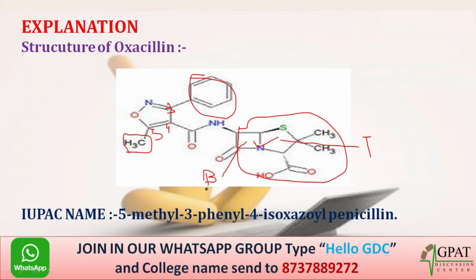So the correct answer is oxacillin, and its name is 5 methyl 3 phenyl 4 isoxazolyl penicillin. I hope, students, your doubt is cleared by this structure, that is how the IUPAC naming occurs from this structure. So moving on to the next question.